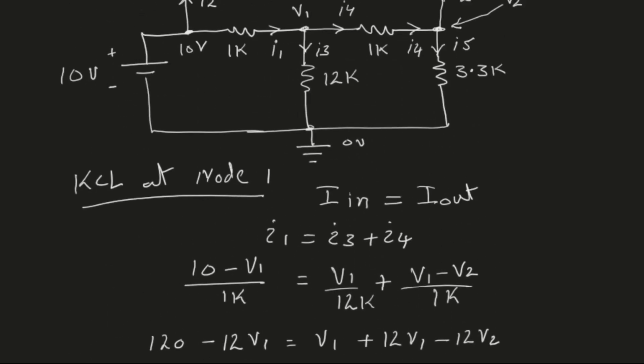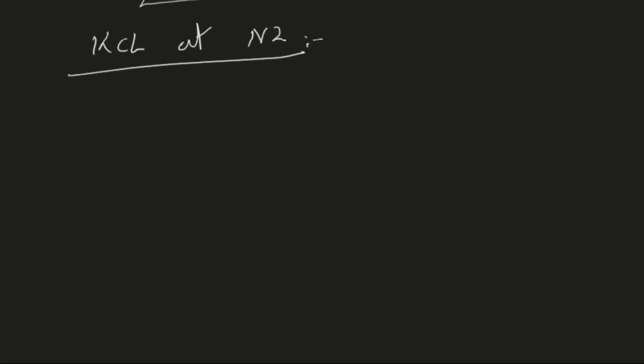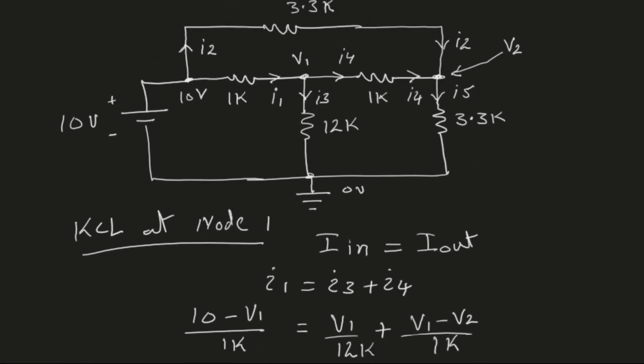Again, the current entering must be equal to the current leaving. And at node 2, we can see that the current entering is I4 and I2, and the current leaving is I5. So therefore, I2 plus I4 should be equal to I5.